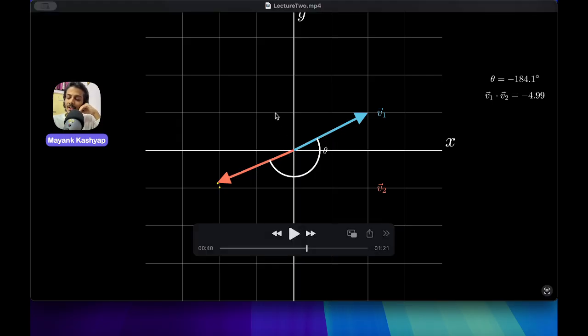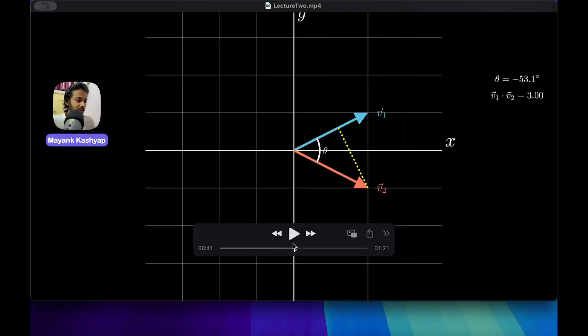When they were perpendicular, the dot product was 0, and when it is completely opposite, the dot product will be the same as it was here at the start.